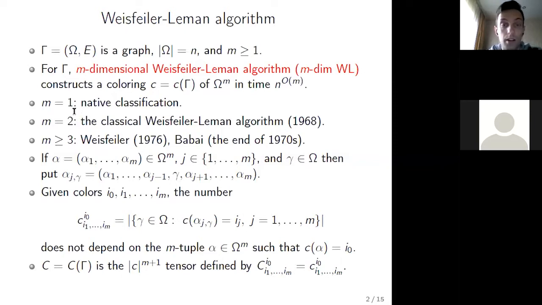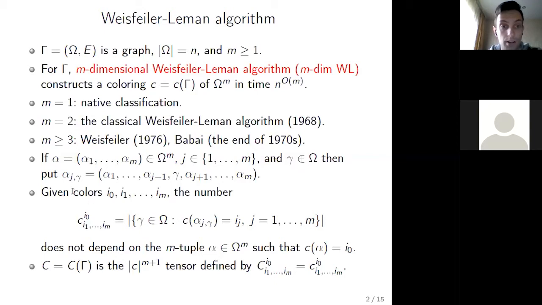The coloring constructed from our graph by the m-dimensional Weisfeiler-Leman algorithm has an important property. But before we formulate this property, we need to introduce one more notation. Let alpha be an element of omega to the power m, g an index from 1 to m, and gamma an element of omega.